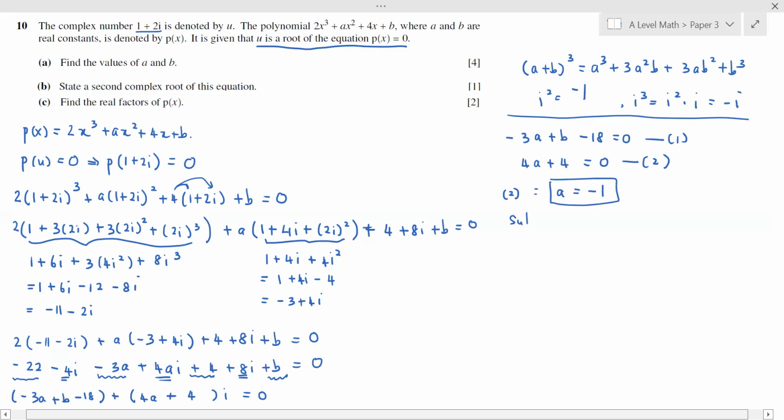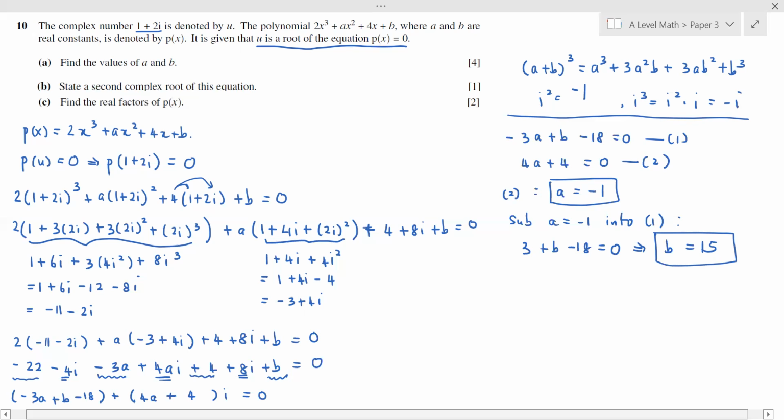And then we substitute a equals negative 1 into equation number 1 to find the value of b. So that will give us 3 plus b minus 18 equals 0. b here must be 15. We have the values of a and b.